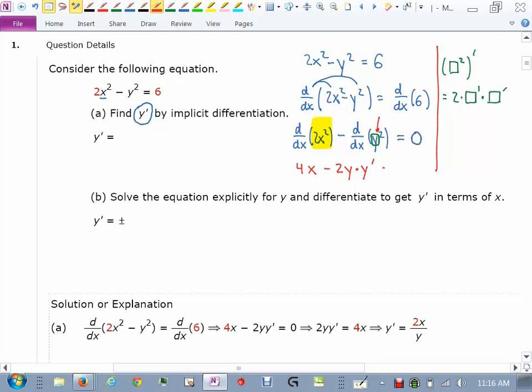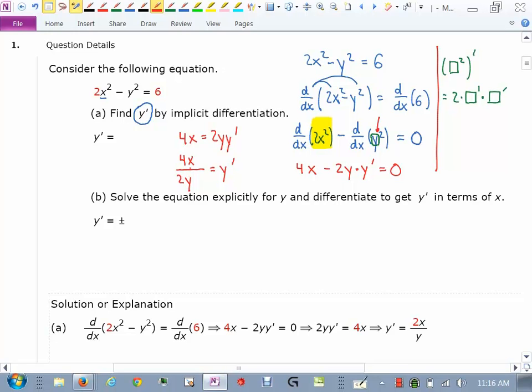And so we're done with the chain rule, and then we have the other side of the equation. Now all we have to do is isolate the y prime term. So let's move the negative 2y y prime to the other side of the equation, and then divide both sides by 2y. So y prime is equal to 4x over 2y.